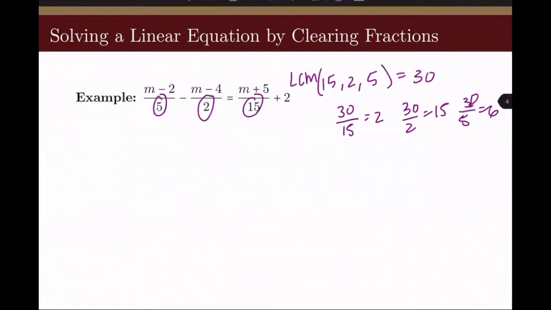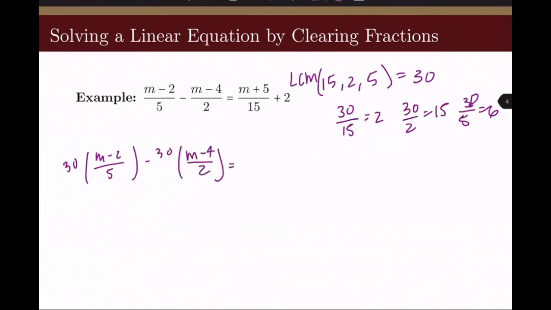So that means I'm going to multiply every single term in my equation by 30. So I'll have 30 times m minus 2 over 5 minus 30 times m minus 4 over 2 equals 30 times m plus 5 over 15 plus 30 times 2.